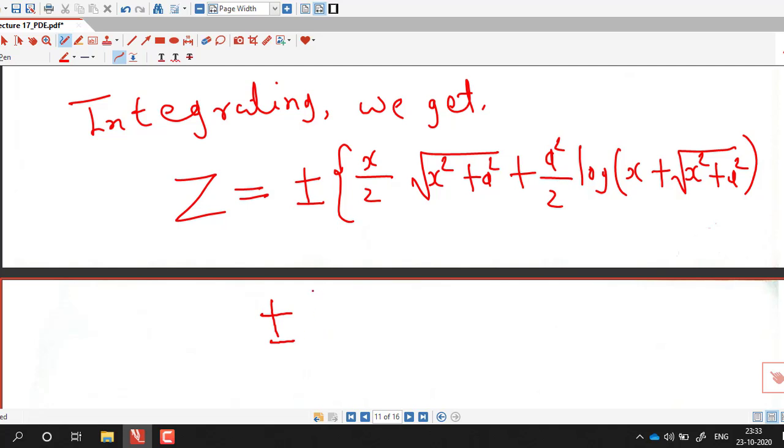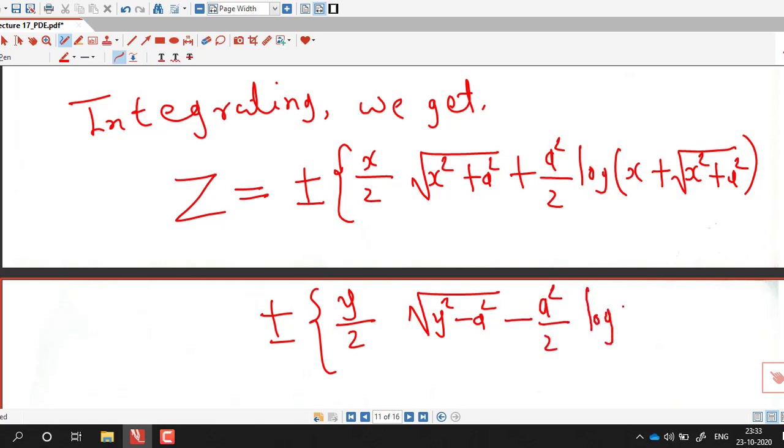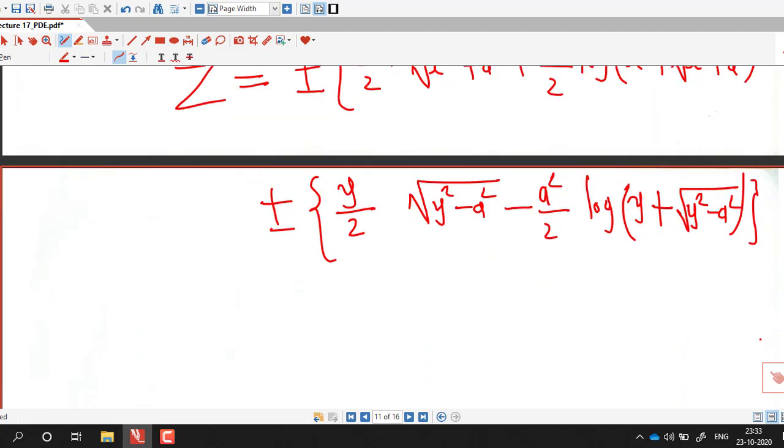So plus or minus y by 2 under root y square minus a square minus a square by 2 log of y plus square root of y square minus a square, and plus arbitrary constant b.